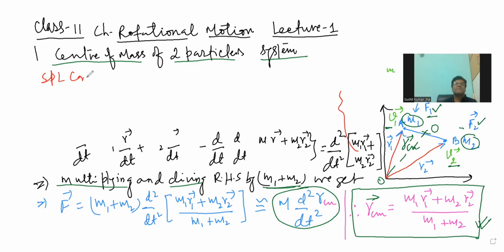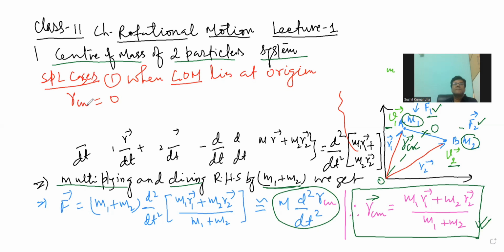Special cases. Case 1: when the COM, center of mass, lies at the origin. So अगर origin पे lie करे, it means RCM is 0, और RCM को हम equate करते हैं m1 r1 plus m2 r2 divided by m1 plus m2.